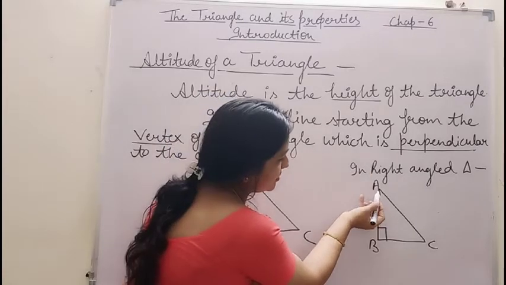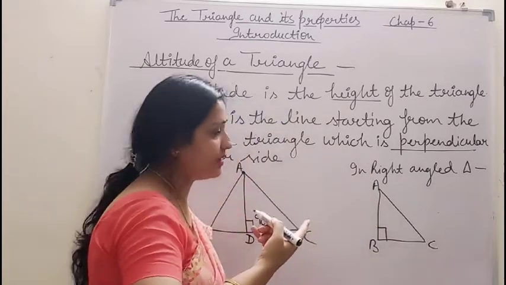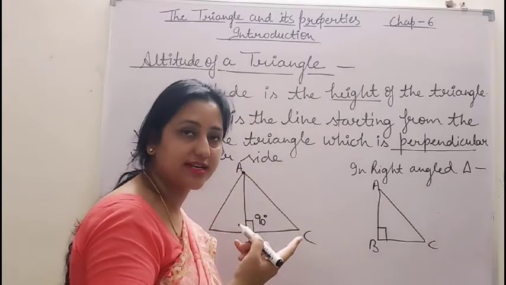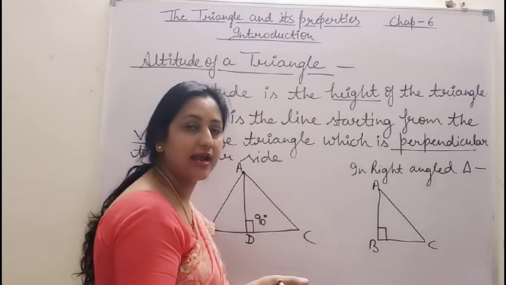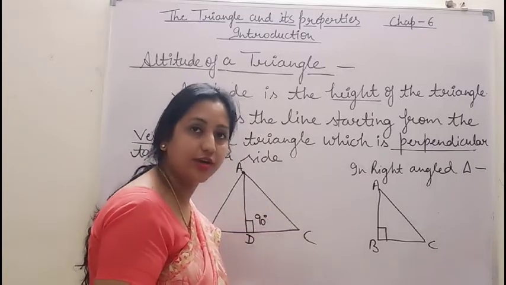Suppose you know that for an altitude we draw from the vertex, again the same thing, but it is perpendicular. We draw the other line that makes an angle of 90 degrees, or perpendicular.